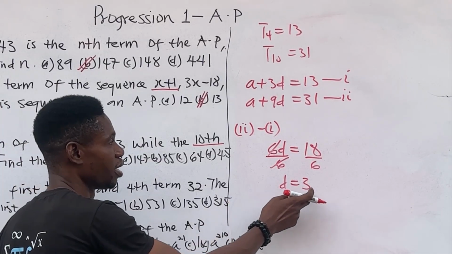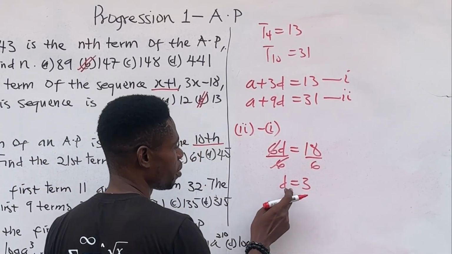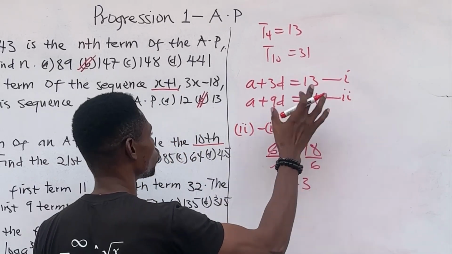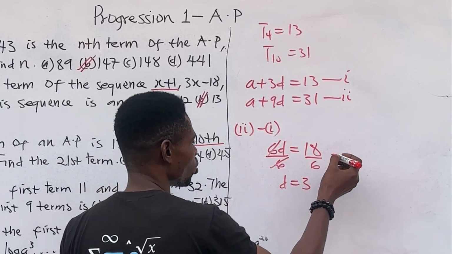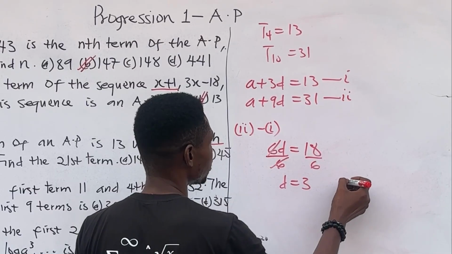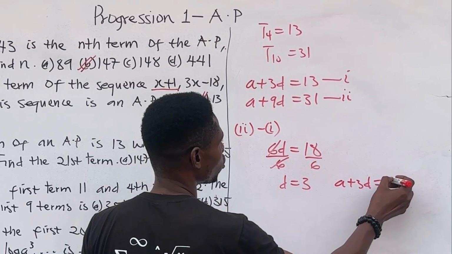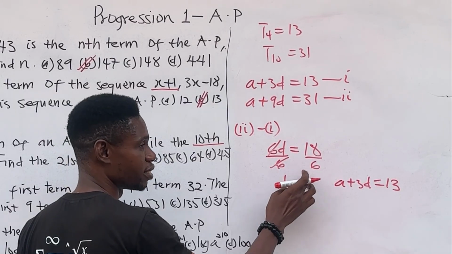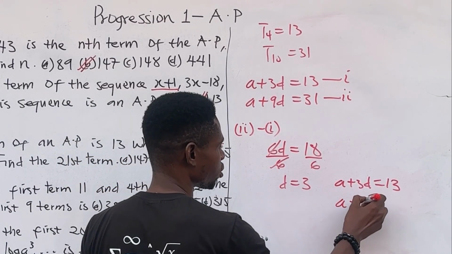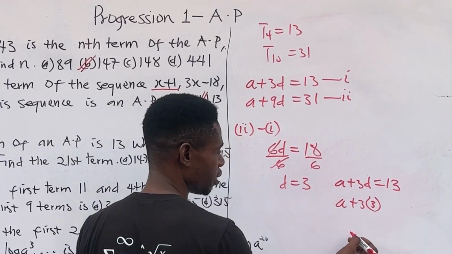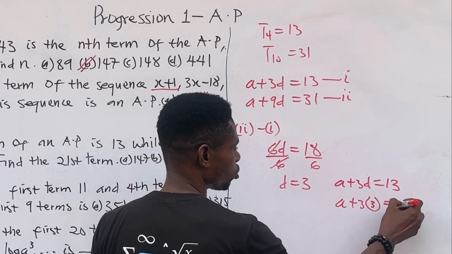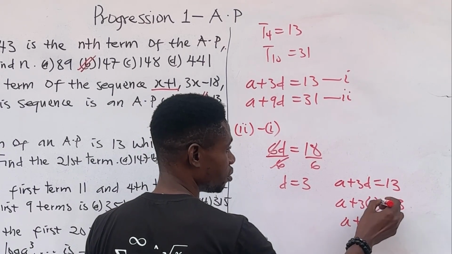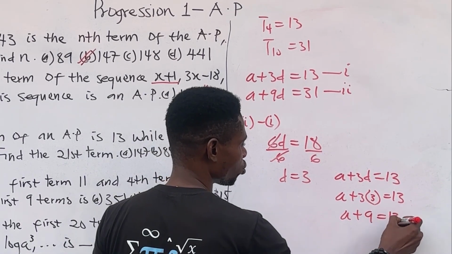Our D is 3. Now we can substitute 3 for D in equation 1 or 2, but let's choose equation 1. So if we bring this equation 1 that says A plus 3D equal to 13, and our D is 3, so A plus 3 times 3 is 9, equal to 13.